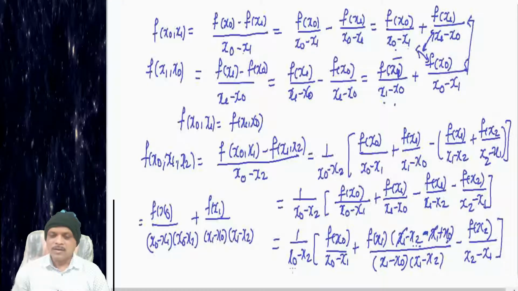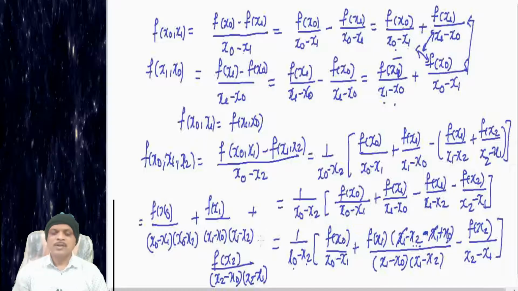And here x0 minus x2, we write this as x2 minus x0 with minus sign common, and minus minus will be plus, and we remain with f of x2 divided by x2 minus x0 into x2 minus x1. So for three arguments we get these values.